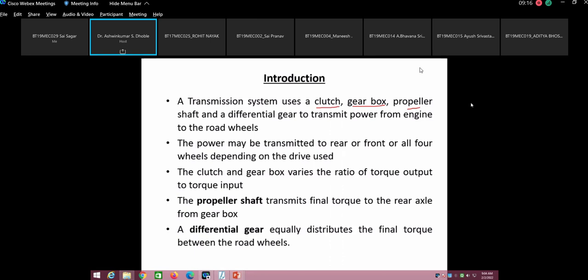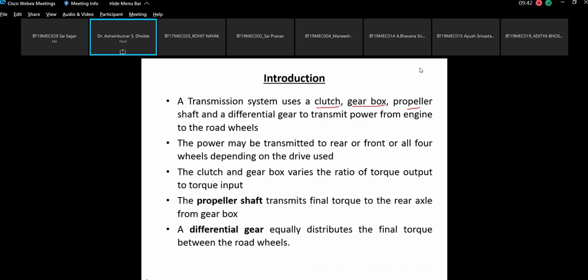The clutch and gearbox vary the ratio of the torque output to torque input. The propeller shaft transmits final torque to the rear axle. The differential gear equally distributes the final torque between the road wheels. So this is the basic theory we have seen.